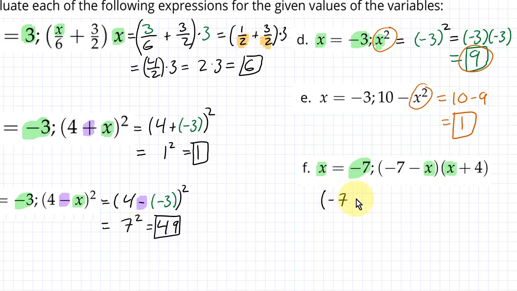So we have -7 minus -7 times -7 plus 4, and a negative number minus a negative number here being subtracted, those cancel out, and so you just get -7 plus 7.